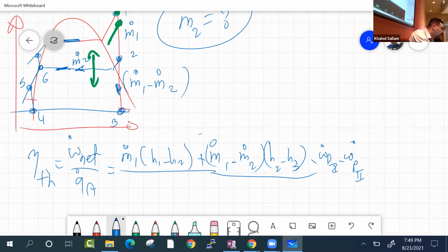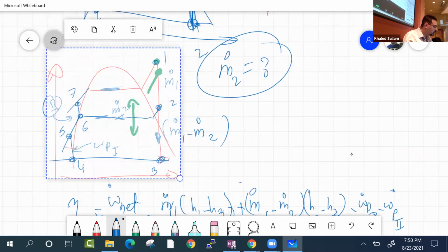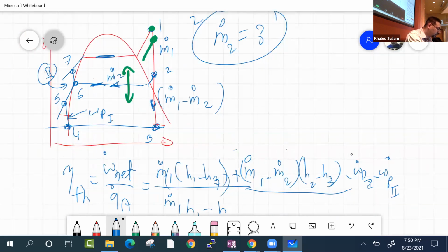So work pump 1 is going to have a different flow rate than work pump 2, right? Divided by Q added. What's Q added? M dot 1 times H1 minus H7. Make sense? So the question is, what is m dot 2? Because I need m dot 2 to do this calculation. How do I get it?